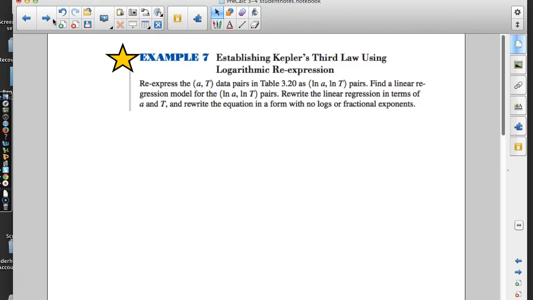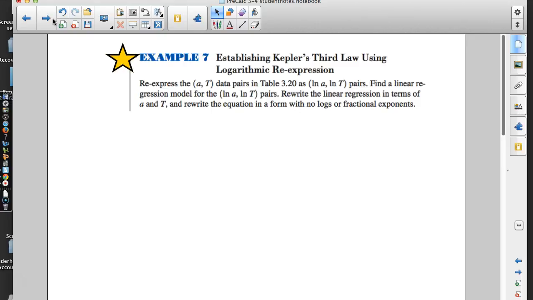Re-express the data pairs as natural log and natural log. We just did that. That's our list 3 and our list 4. Now find a linear regression model for those two pairs. Well, that just means we need to do a linear regression with list 3 and list 4. So let's do that.